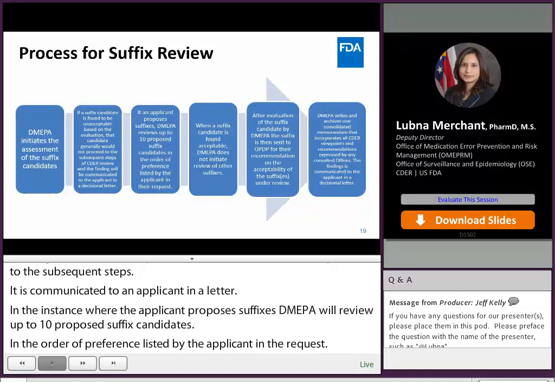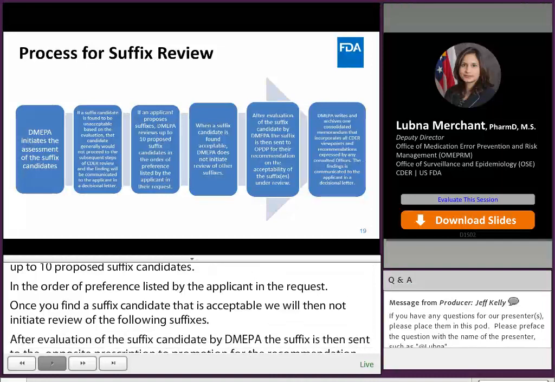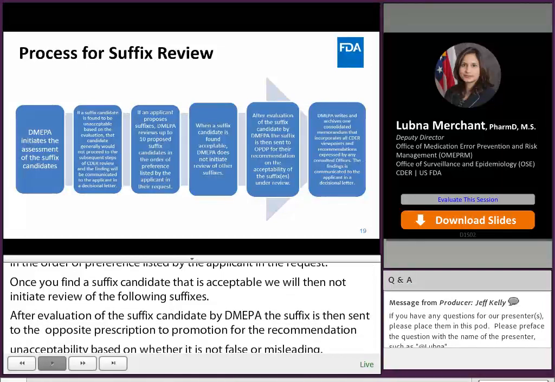After evaluation of the suffix candidate by DMEPA, the suffix is then sent to the Office of Prescription Drug Promotion for their recommendation on the acceptability based on whether it's not false or misleading. And again, we may consult with other groups within CDER on a case-by-case basis.